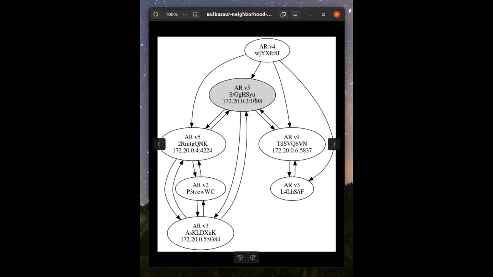No traffic can go through node 1 because none of these arrows are bidirectional. But it's still in the database. It hasn't been removed from the database.